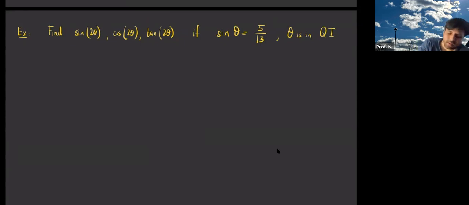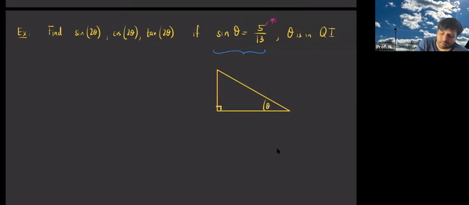So if I know that sine of theta is 5/13, then I can create a triangle that's a right triangle. One angle is theta, and I can fill out the sides. This is opposite over hypotenuse. So the opposite side would be 5, the hypotenuse would be 13, and what's the missing side?